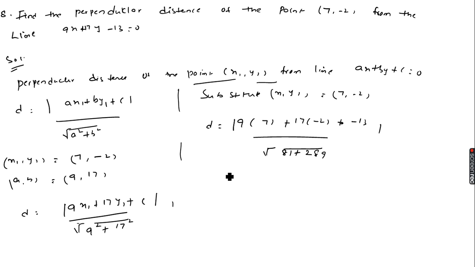So therefore we get 63 minus 34 minus 13 by root 370. The d is equal to 16 by root 370.